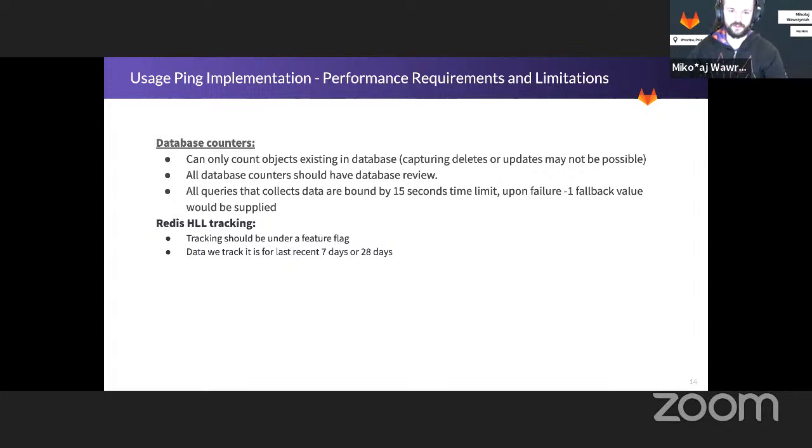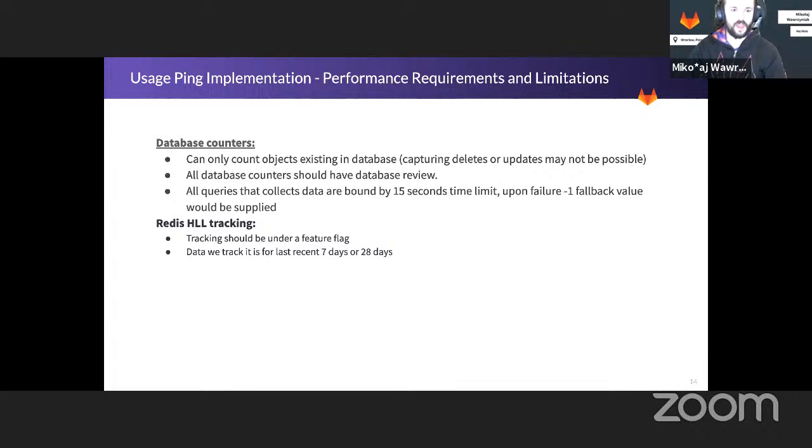Also, all the database counters should be reviewed not only by the product intelligence team, but also by the database team. And finally, all the queries run on the production database are constrained by a 50 seconds timeout limit. And in the case of the usage ping, metrics that exceed 15 seconds execution time would return a -1 fallback value.